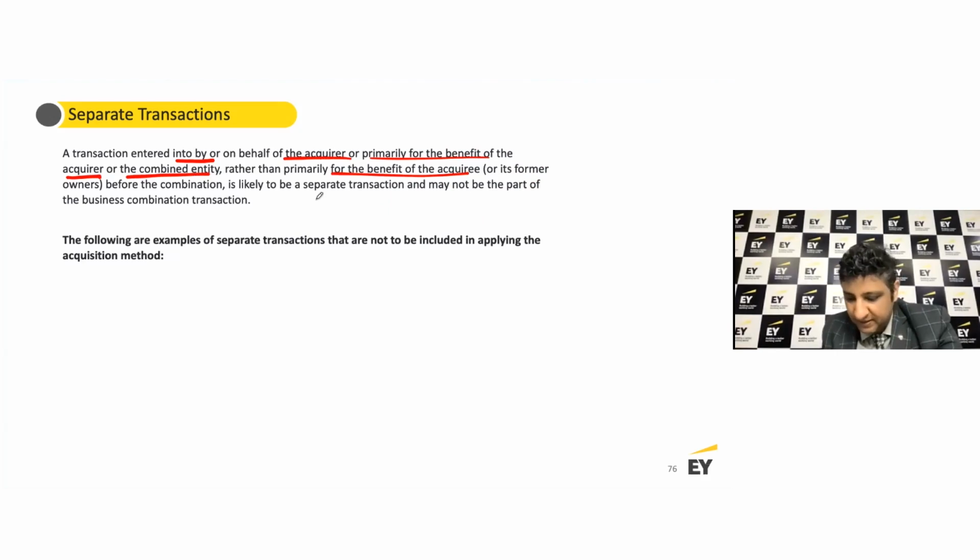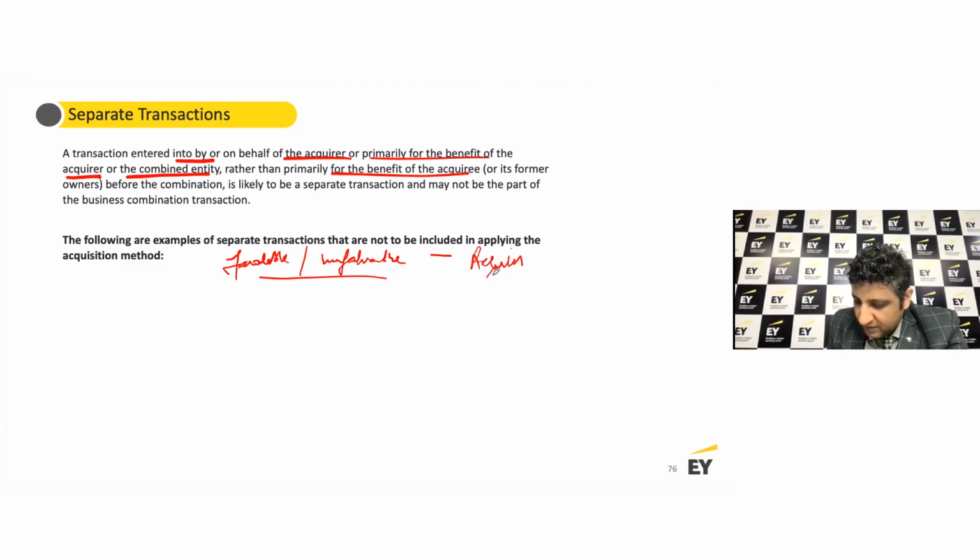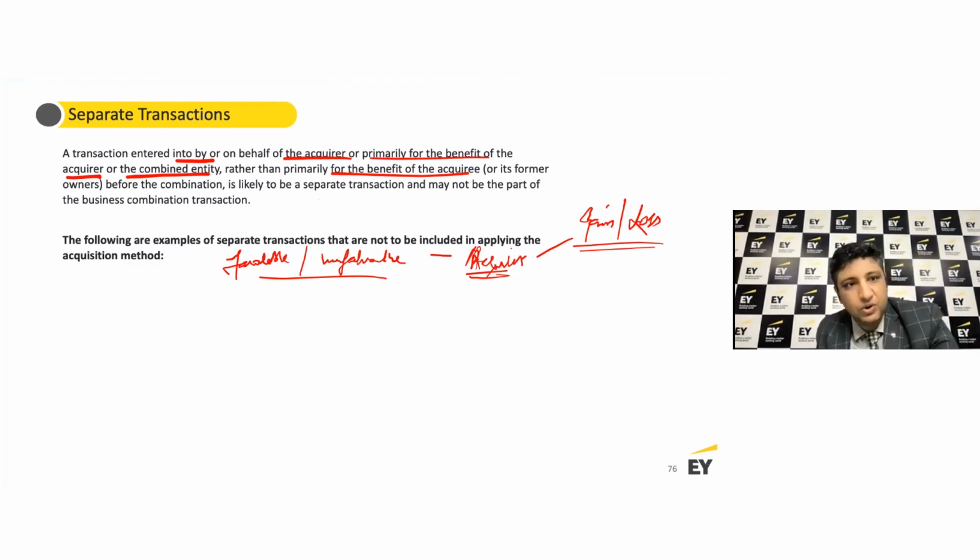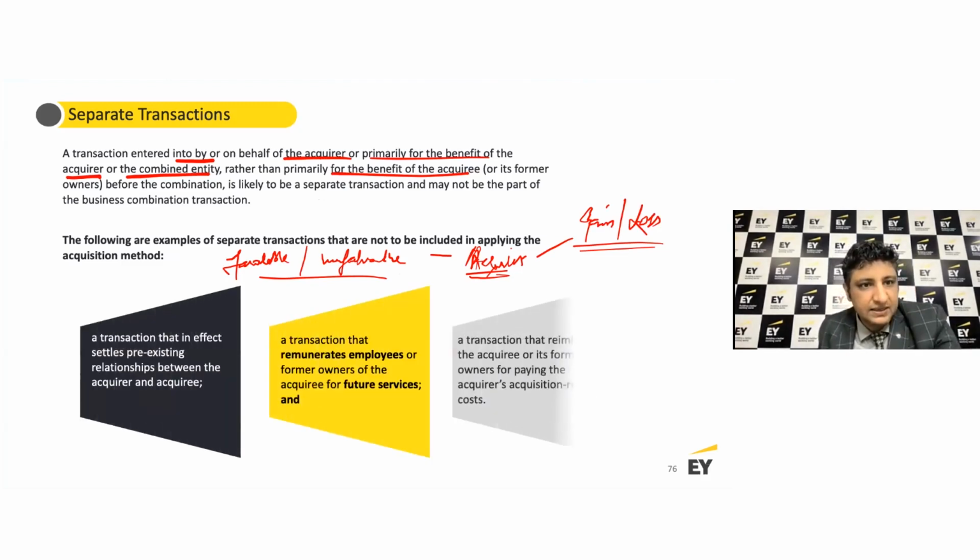It could be either a favorable or an unfavorable transaction to the acquirer, for example, and basis that, either a gain or a loss needs to be booked when you look at the accounting for that, right?